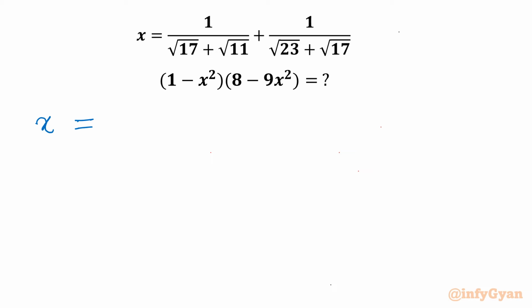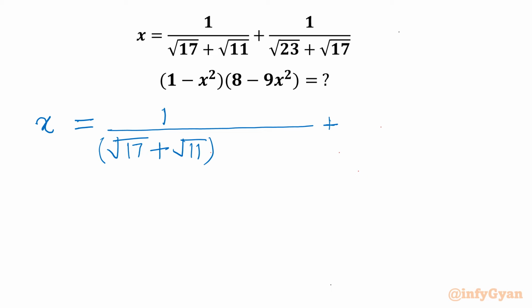So x will be equal to 1 over root 17 plus root 11, plus, second term of x, 1 over root 23 plus root 17. Now I will use rationalization.